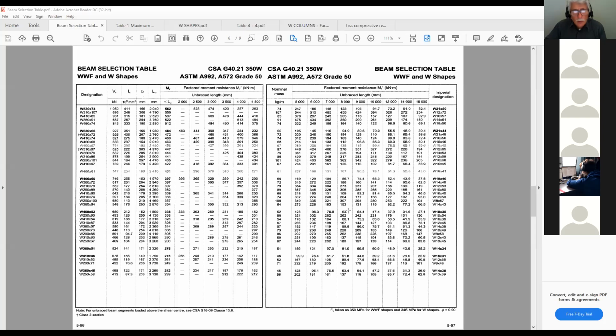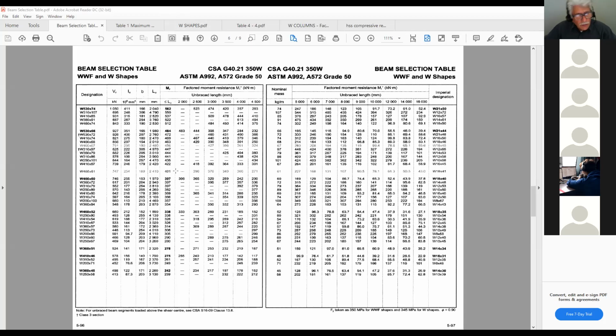Okay, so let's go look at the beam selection tables and let's see if you did it right. How's that? Okay, let me share this with you. Hold on a second. So let's go and share the beam selection tables. Does everybody see the beam selection table?